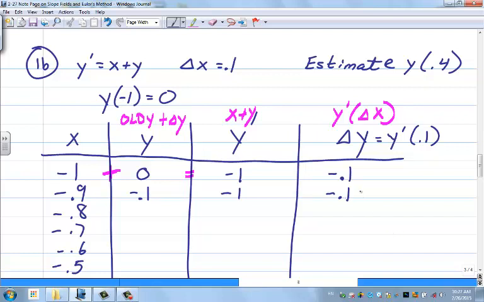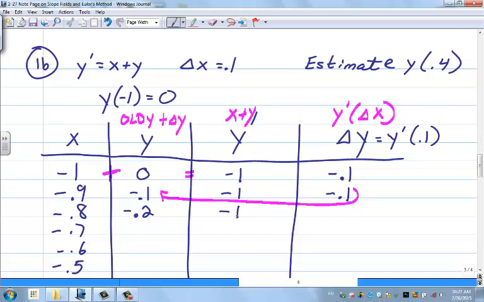To get our new y, remember, we take and we add it to our old y. We're always taking it and adding it to that. So if we take -0.1 plus -0.1, check it out, we get -0.2. And then when we add to get our y prime, x plus y gives us, again, -1.